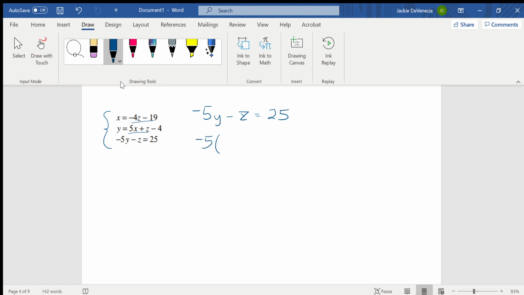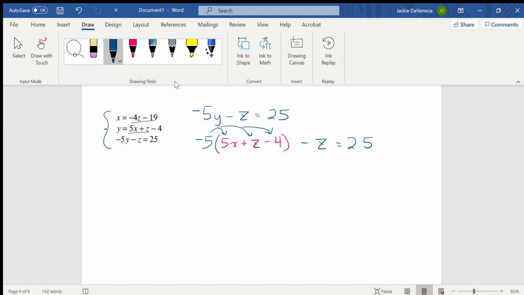So I have the negative 5, and I'm going to plug in this 5x plus z minus 4 minus z right over here is equal to 25. Okay, so then let's go ahead and distribute.